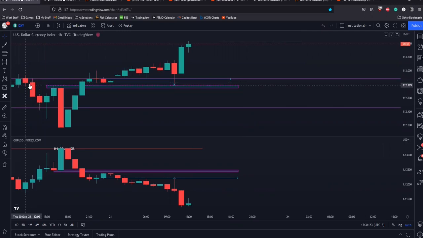You can see here that this one closed the SIBI over here, but did this one close down here? No. Do you see that? This guy here.